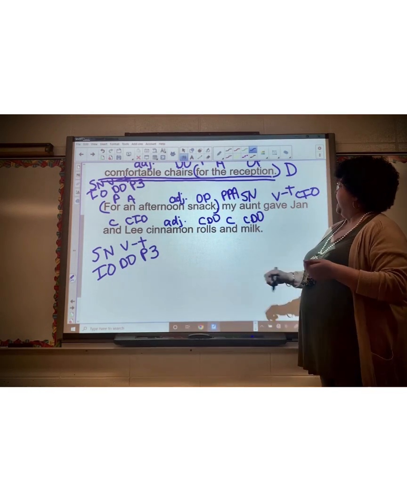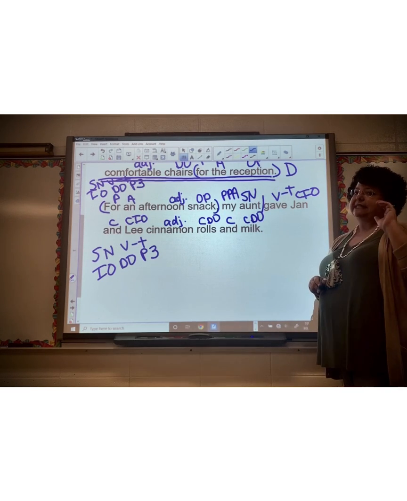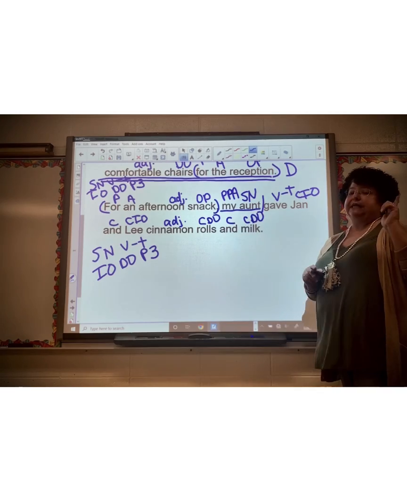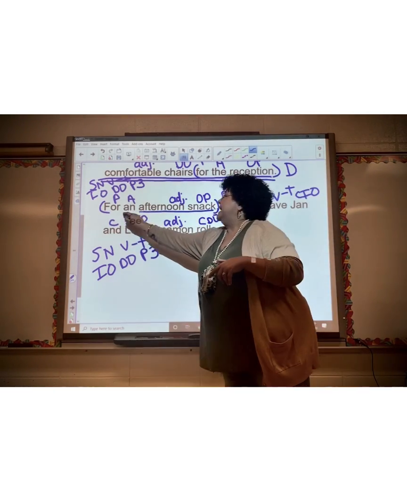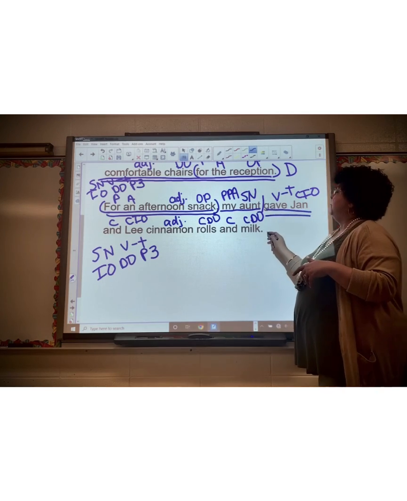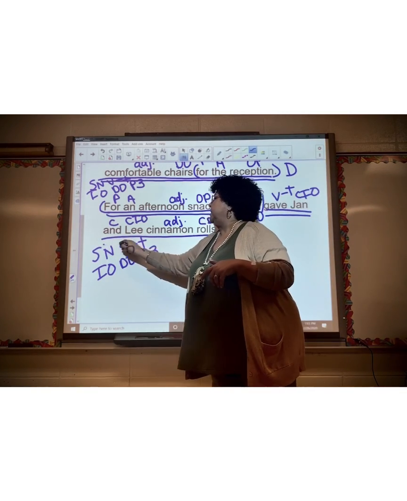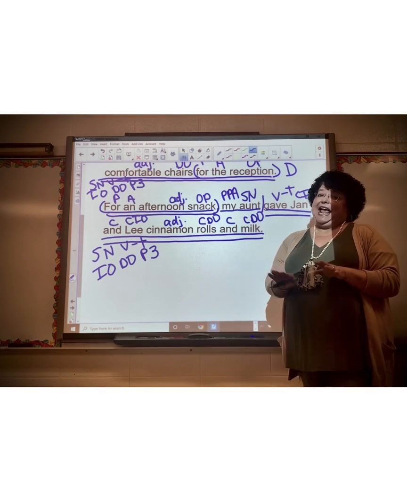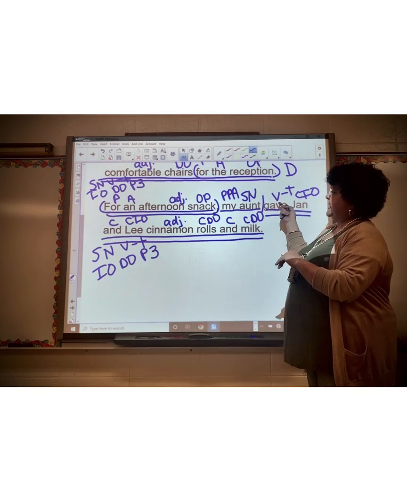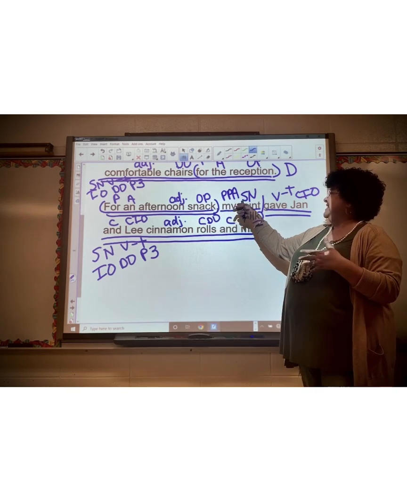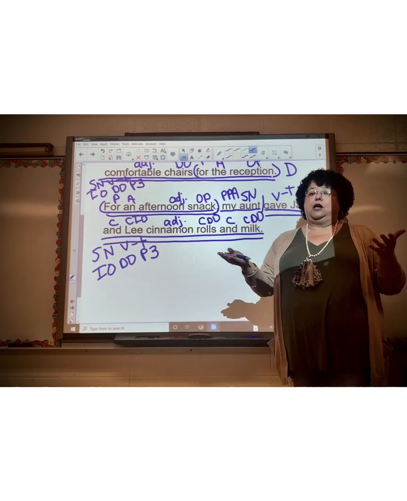Skill check. Go back to my verb. Divide the complete subject. Don't let it get you. My aunt is the complete subject. For an afternoon snack is part of the predicate. Most of the time, introductory clauses at the beginning of the sentence are part of the predicate, but if it answers the verb, if it says gave when, for an afternoon snack, it doesn't tell me about aunt. It doesn't say which aunt.